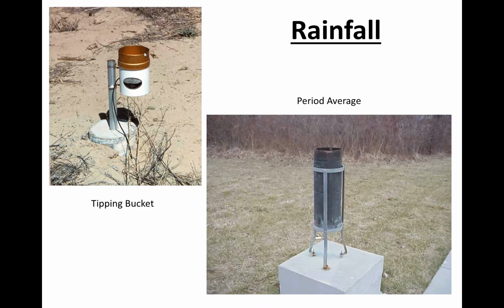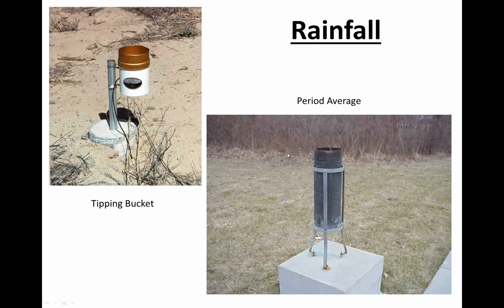How often that small volume dumps itself out gives you a pretty good sense of the temporal distribution of the rainfall. So in a rainstorm, maybe the tipping bucket is emptying itself every 5 minutes, and then you'd know with very high resolution what the intensity of the storm was all through its duration.